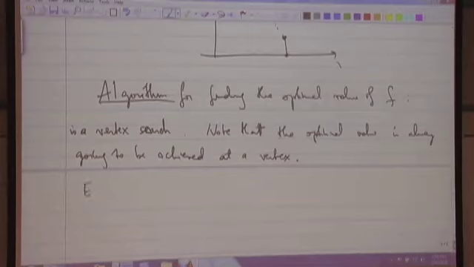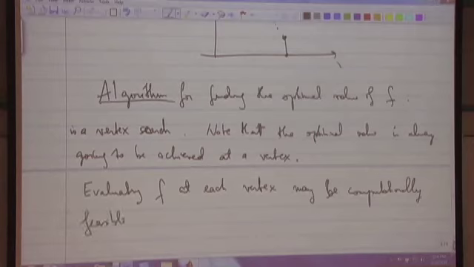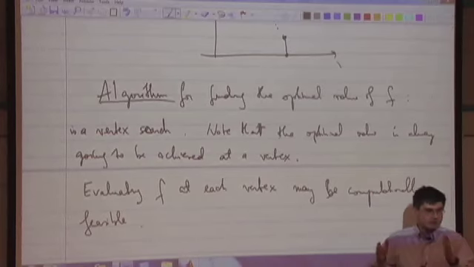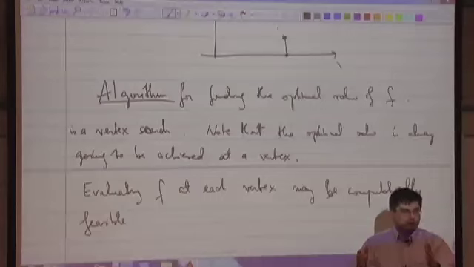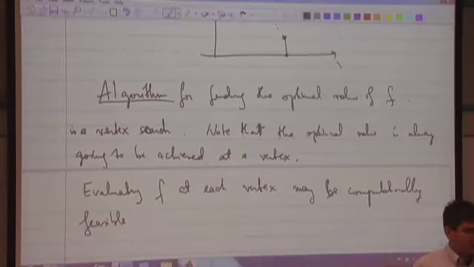So evaluating f at each vertex may not be computationally feasible, because there are too many, and in fact, you don't know what they are. I mean, imagine you have 5 constraints in 7 dimensions.